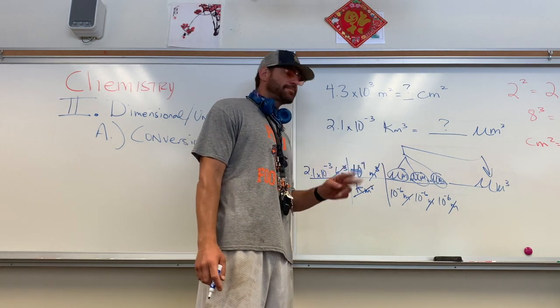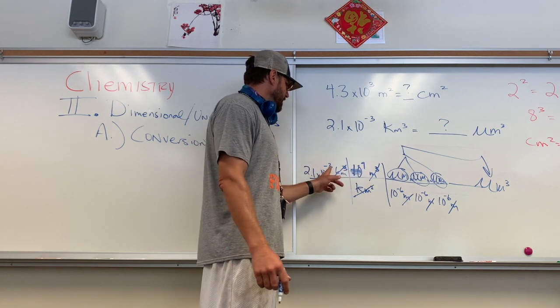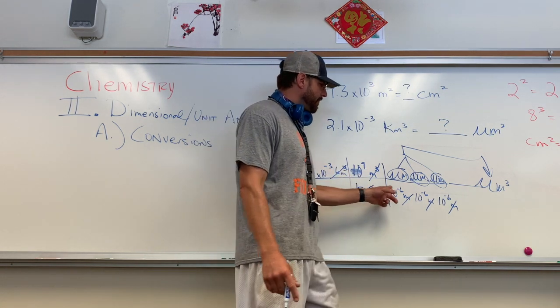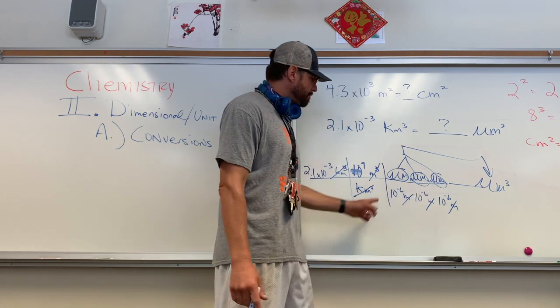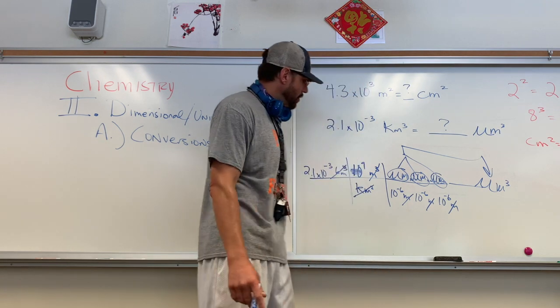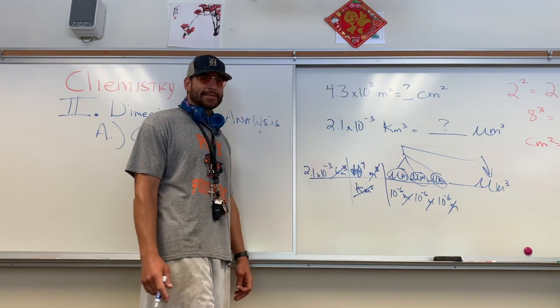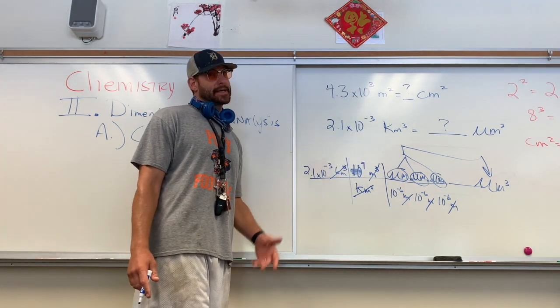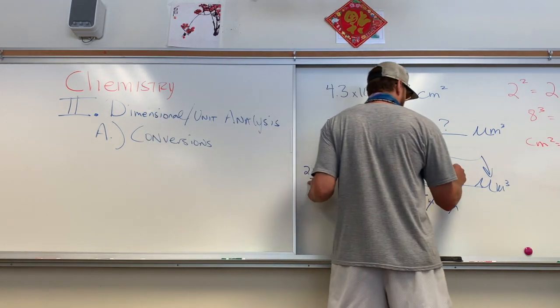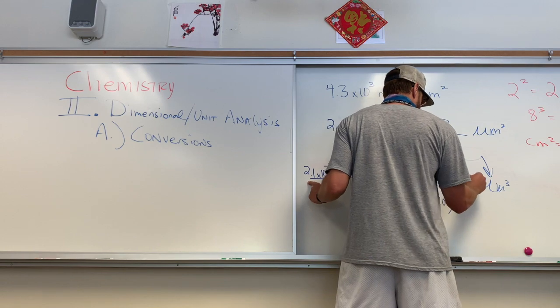Again, when multiplying exponents, I add them together. 9 plus a negative 3 is 6. And now I'm dividing that 6 by negative 18, which means I subtract. So 6 minus negative 18 is like 6 plus 18, which is 24. So it's 2.1 times 10 to the 24th.